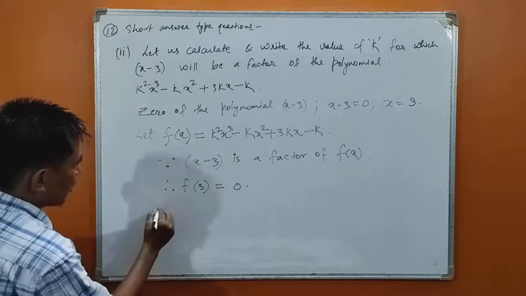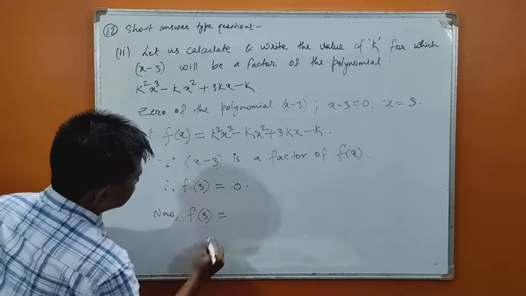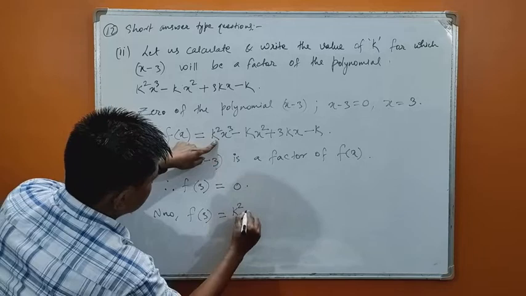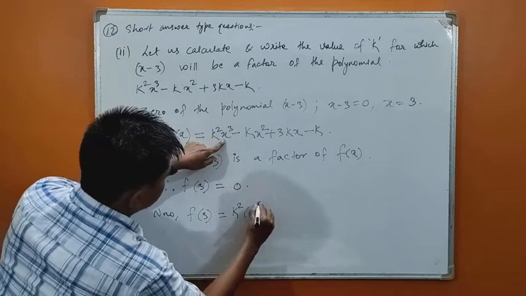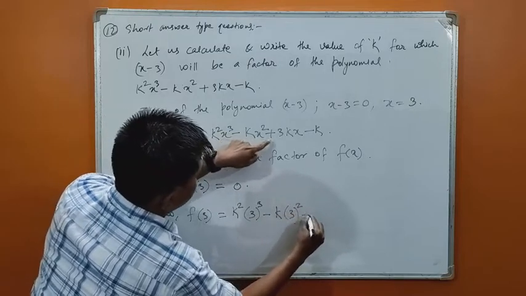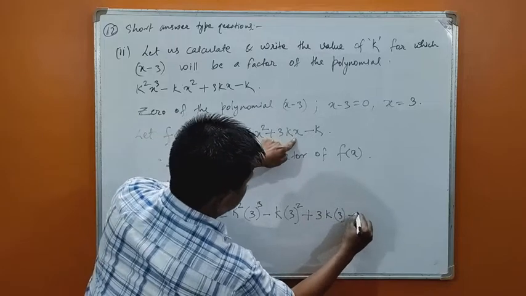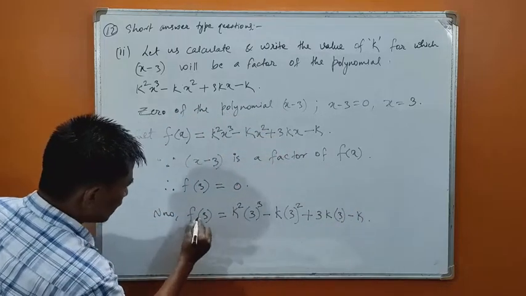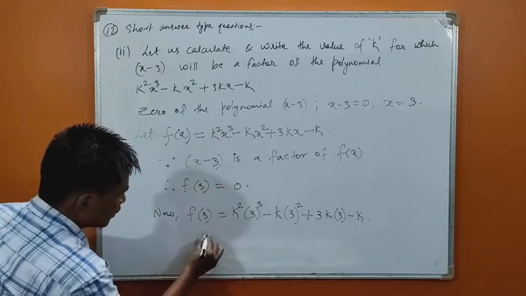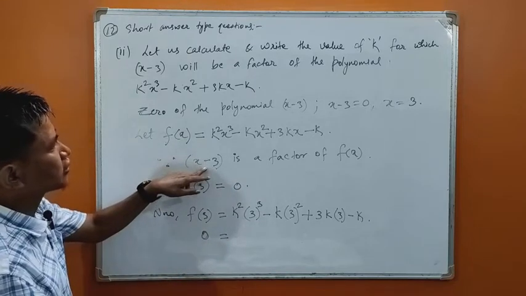Now the value of f(3) will be, instead of x we write 3. k square, x means 3 cube, minus k, x means 3 square, plus 3k, x means 3, minus k. Now the value of f(3) is 0 because the remainder should be 0 to become x minus 3 a factor of this expression.